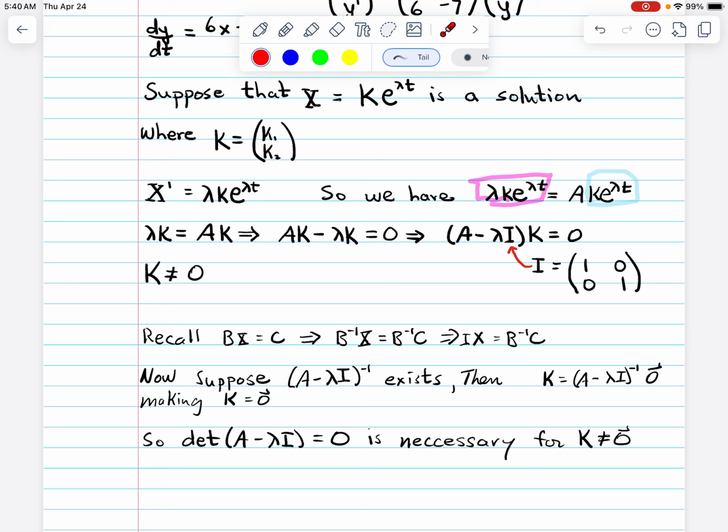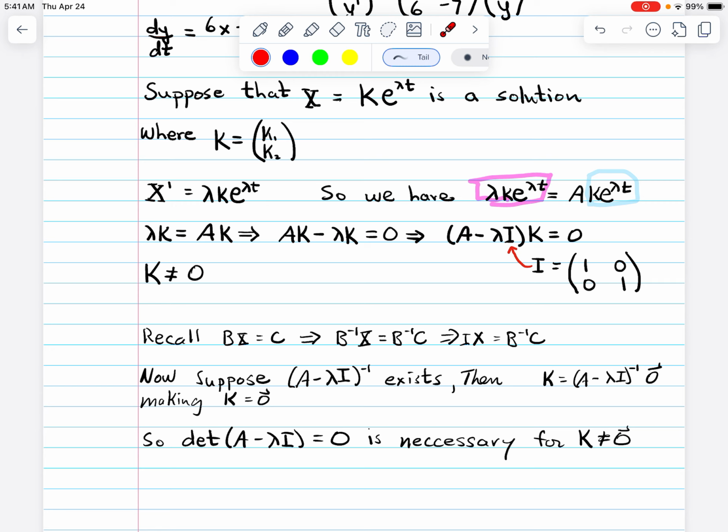Now, recall that whenever you're solving a system of equations like this, these are all matrices. Every one of these is a matrix. And you want to solve this for capital X here. What you do is you multiply both sides by B inverse.